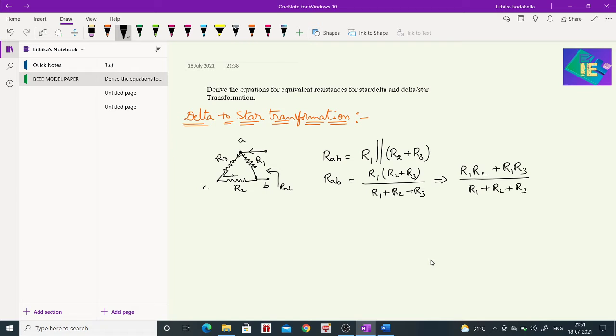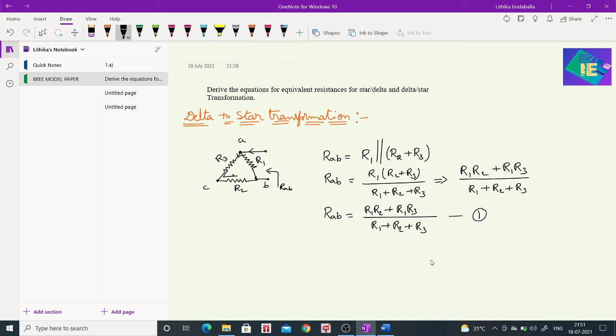So, what I got is RAB is equal to R1 R2 plus R1 R3 by R1 plus R2 plus R3. Let it be equation 1.